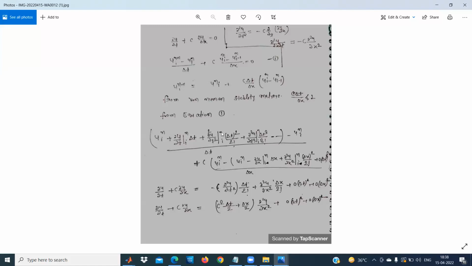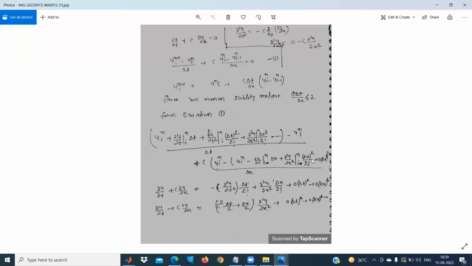What does i n mean? It means that at node i and at time step n, this derivative is evaluated. Then delta t square by 2 factorial, del cube u by del t cube, delta t cube by 3 factorial, and so on, minus u i n, divided by delta t, plus c, and I have again used the u i minus 1 Taylor series expansion.